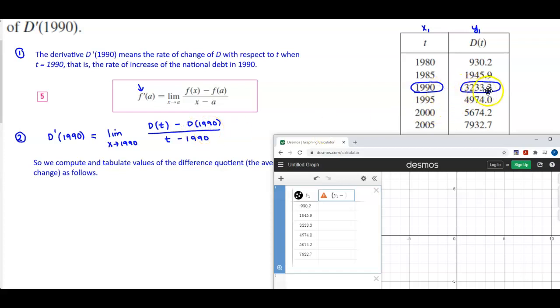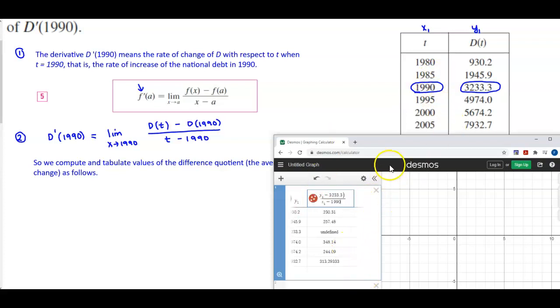It's 3,233.3. So that's a fixed number in our slope. And then we divide that by the x coordinate of that ordered pair, x subscript 1, minus the year 1990.